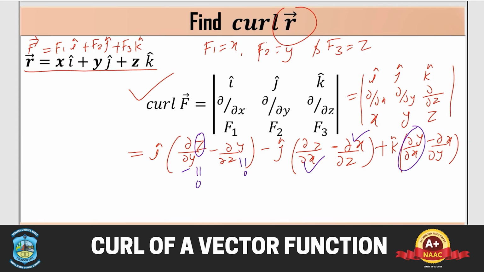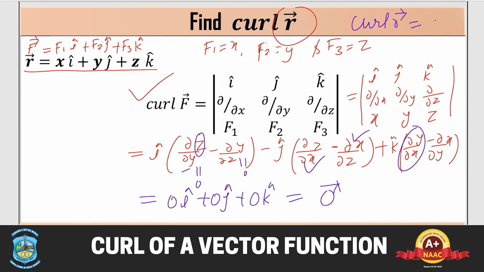That means this value is 0 i cap plus 0 j cap plus 0 k cap, which is a 0 vector. Hence, we find that curl of a vector r, position vector r, is always a 0 vector.